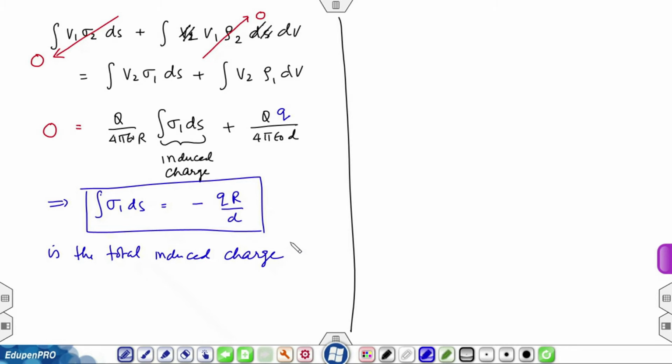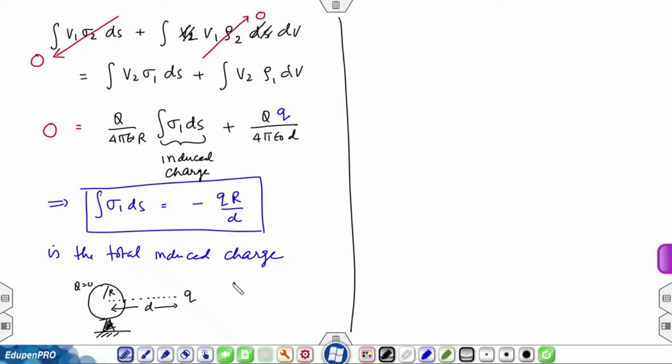Similar problem I will leave for you to do is, given a metallic conductor, no charge, isolate it from the ground, net charge on this is 0, and I keep a charge q in front at a distance d, radius is r.